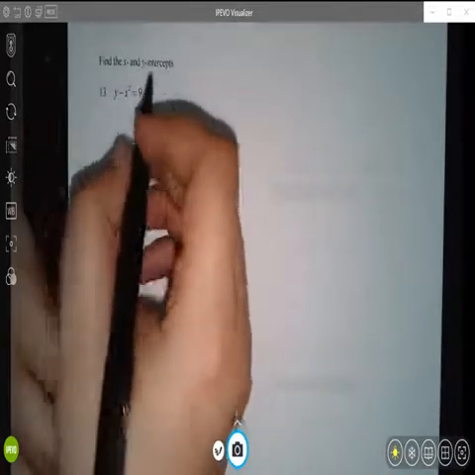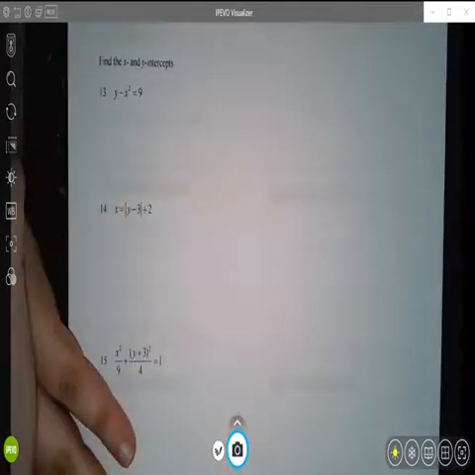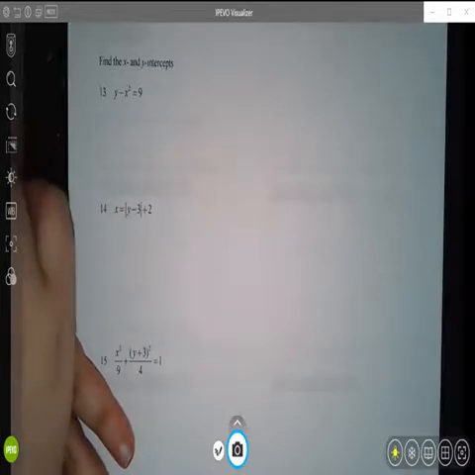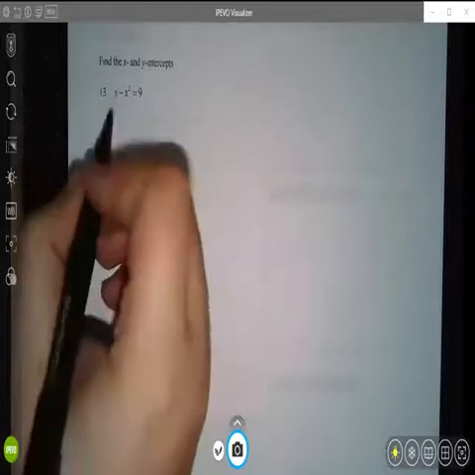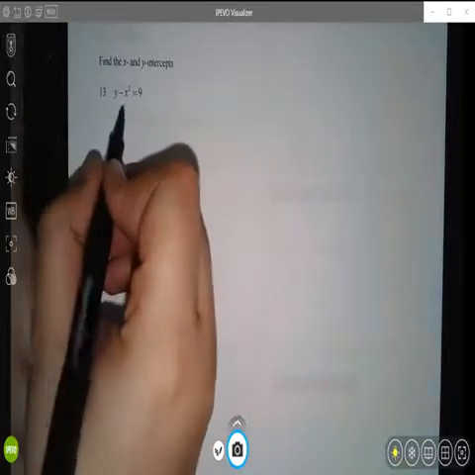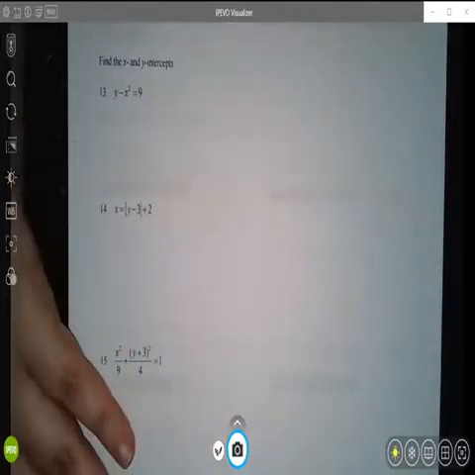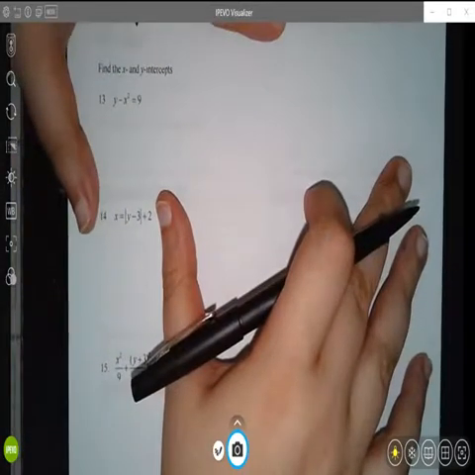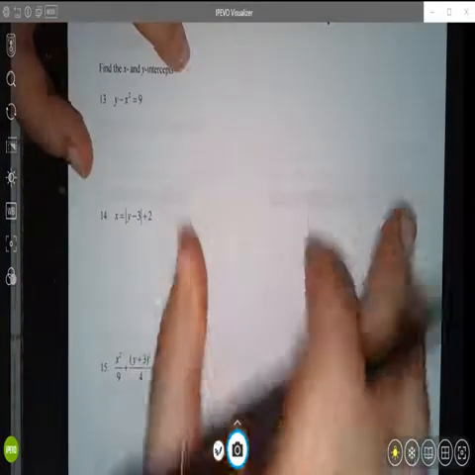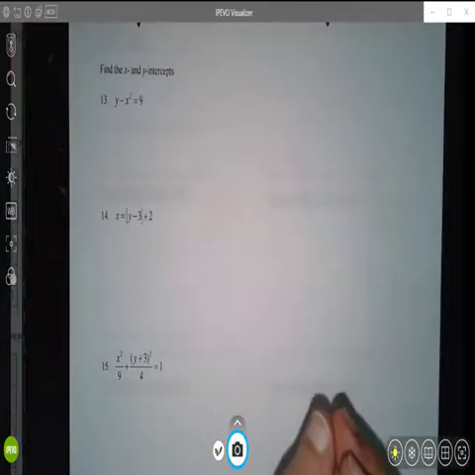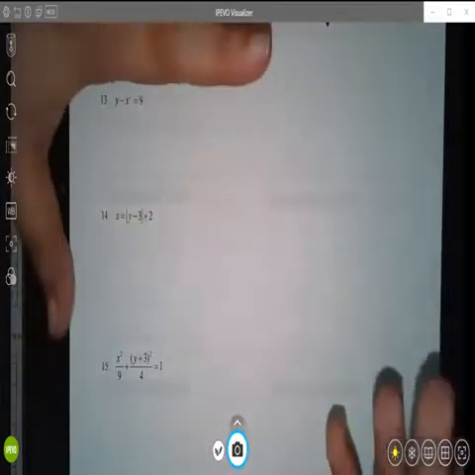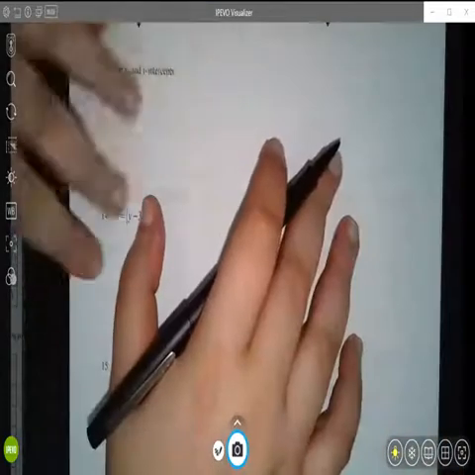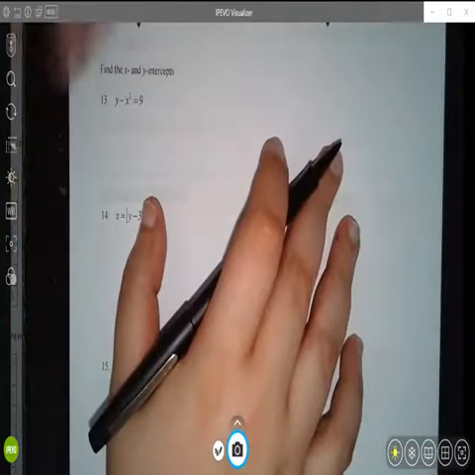What are the x and y intercepts of this equation right here? Okay. So if you look at it, you have x and y in here. Now, based on the concept we just said, in order for a point to be considered an intercept, one of the two values, x or y, has to be 0, right? Otherwise, it wouldn't be touching the other axis.